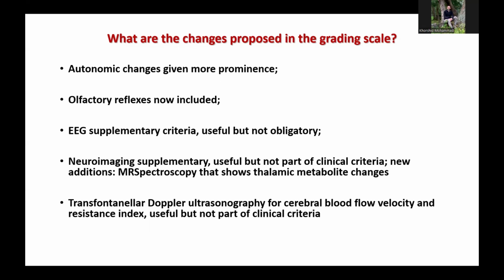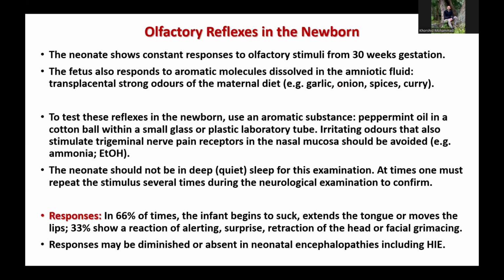And we have now more EEG criteria, although they are not part of the clinical grading scale, which is strictly physical examination, neurological examination. And of course, we have the neuroimaging that we mentioned and some other special imaging features of ultrasonography of the brain. Transfontanelle ultrasonography has advanced greatly, and Doppler is very useful for showing cerebral blood flow velocity and resistance index. But again, these are not part of the clinical criteria, but are useful supplements.